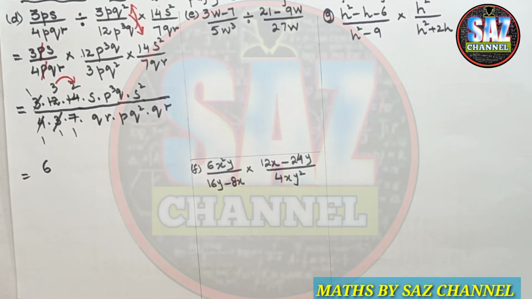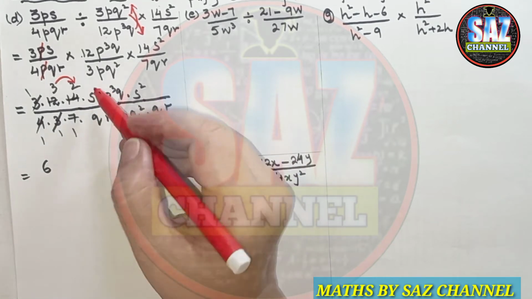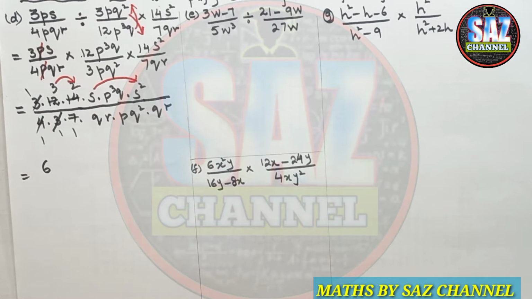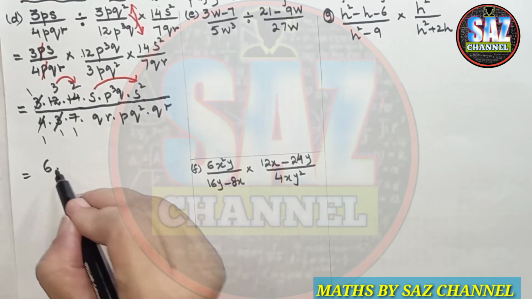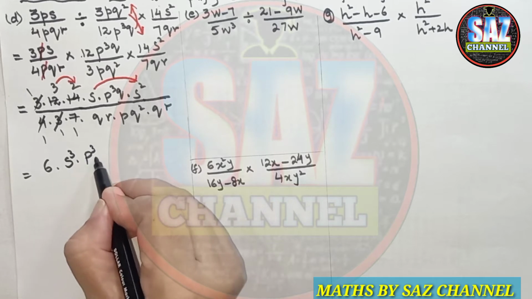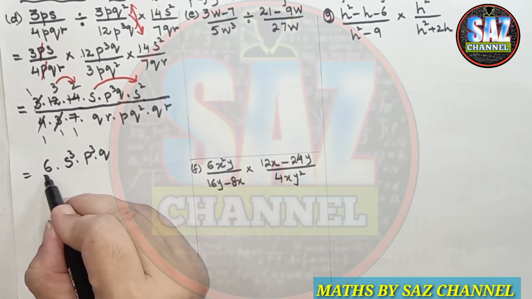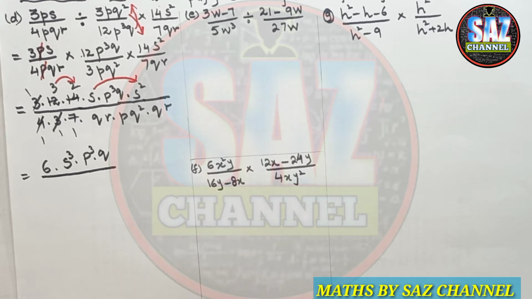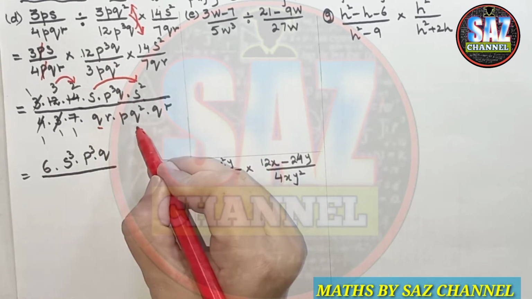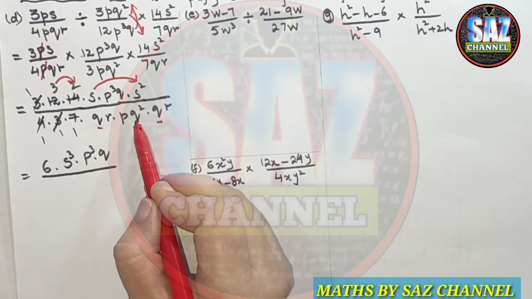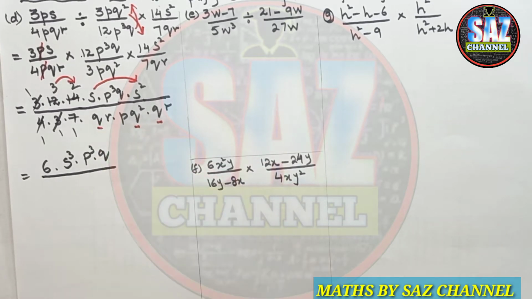Now we can see that s is multiplied by s square in the numerator. So we can apply multiplication law of indices with same basis, and it will become s cube multiplied by p cube multiplied by q upon the denominator q multiplied by q square multiplied by q raised to power of 1 multiplied by q raised to power of 2 multiplied by q raised to power of 1.